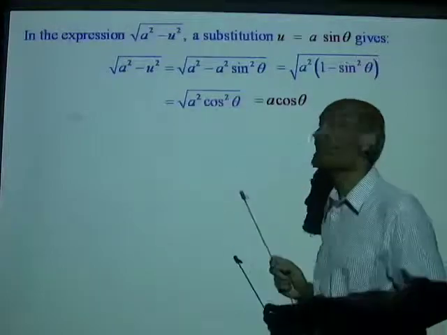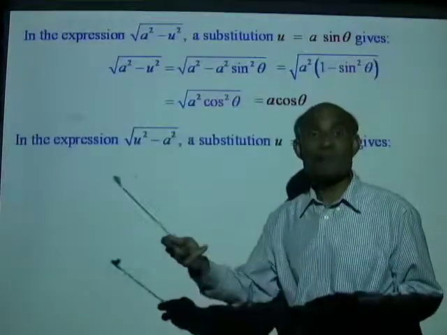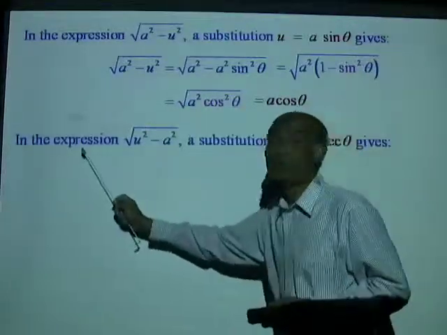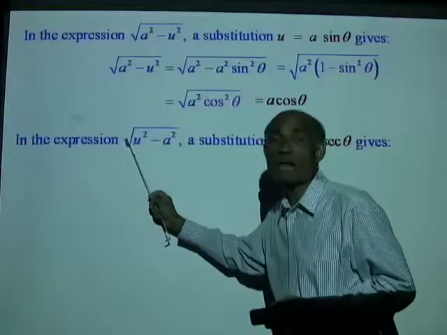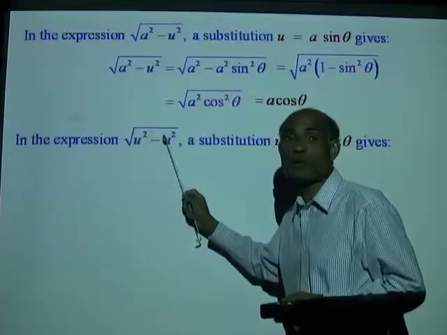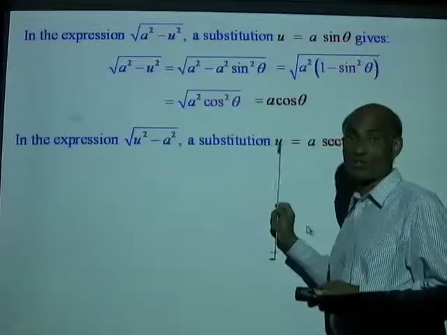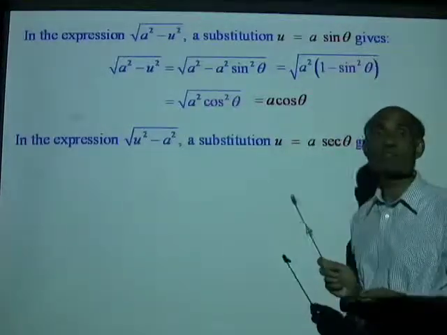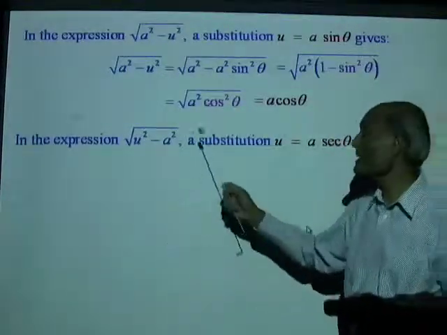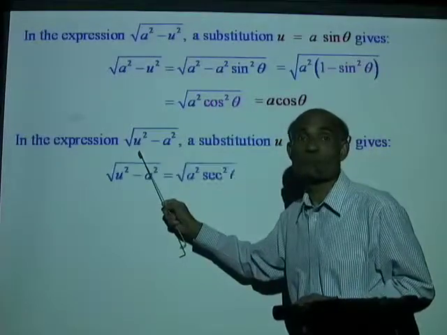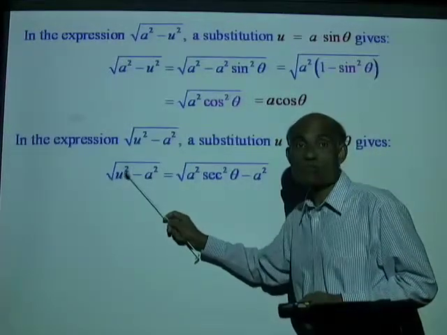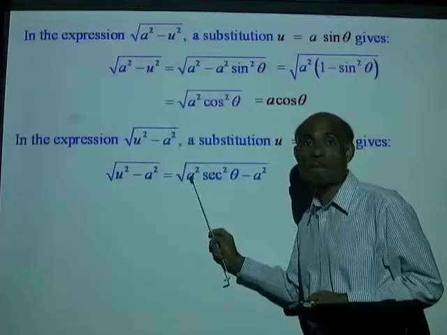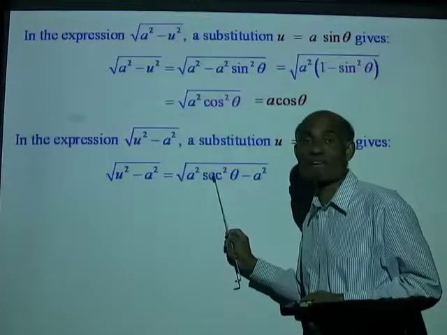That gives you a cos theta. That became very simple. What did we substitute for square root of u squared minus a squared? We substitute u equal to a secant theta. That becomes square root of a squared secant squared theta minus a squared.